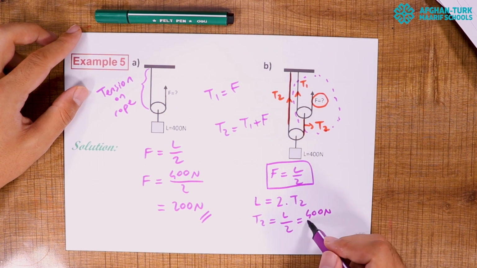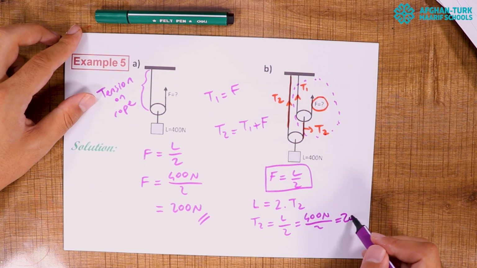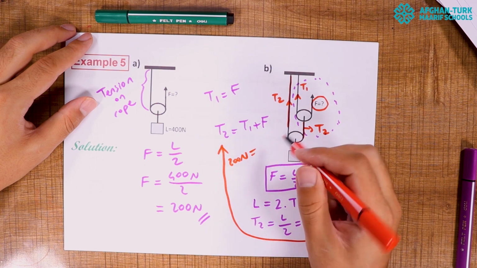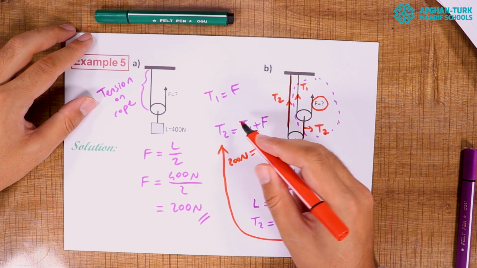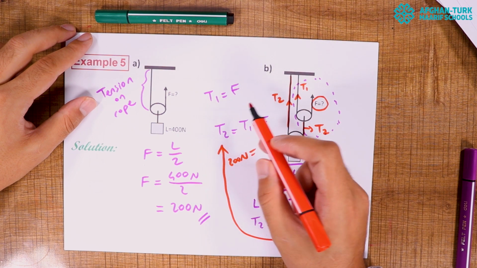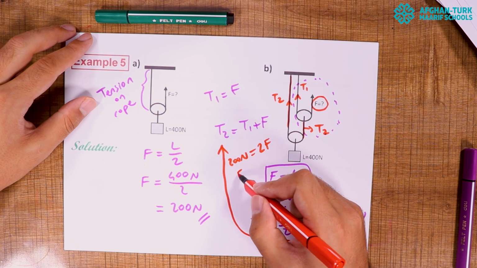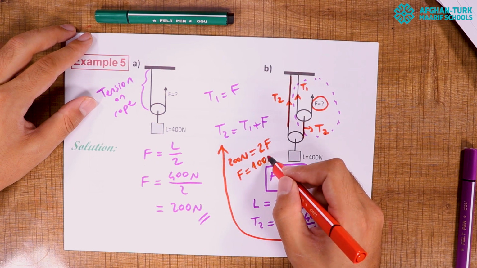For 100 Newton divided by 2, and that will be equal to 200 Newton. This is 200 Newton, and that's equal to, because T1 is equal to F, I can say 2F here. So F is equal to 100 Newton.